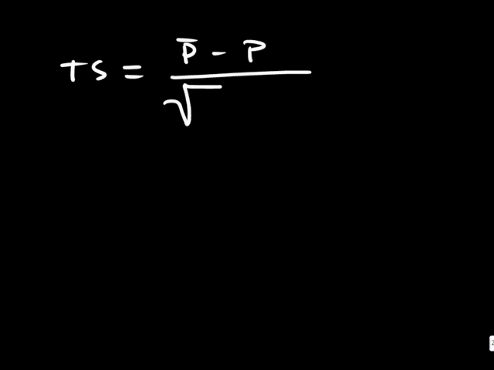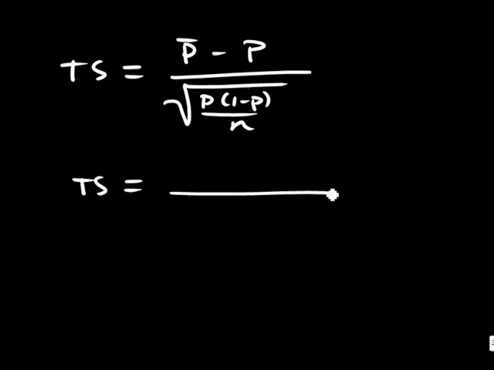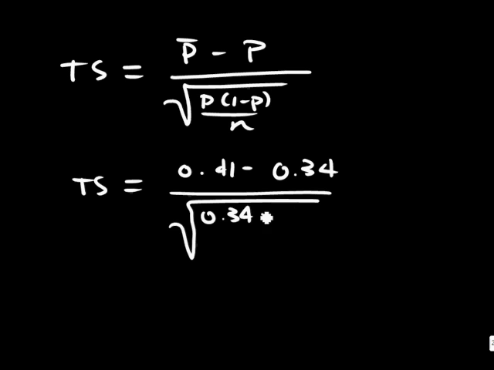Our test statistic: 0.41 minus 0.34, over the square root of 0.34 times 0.66 over 234.